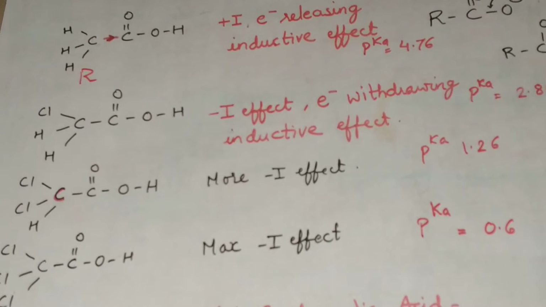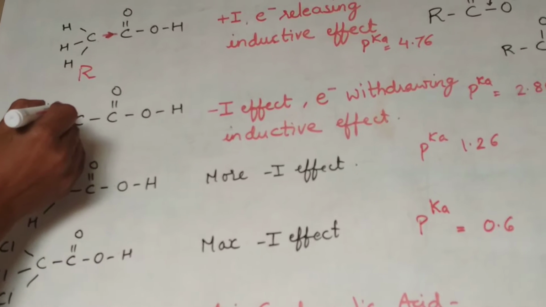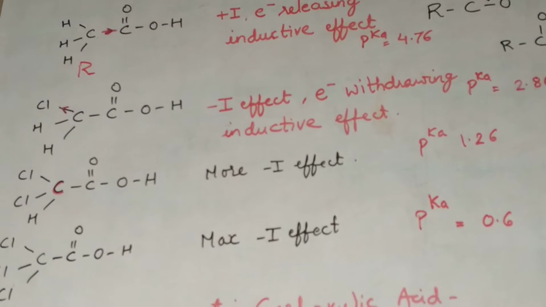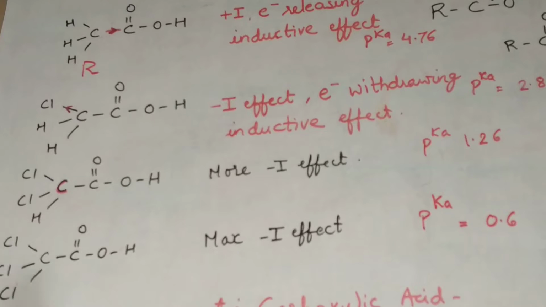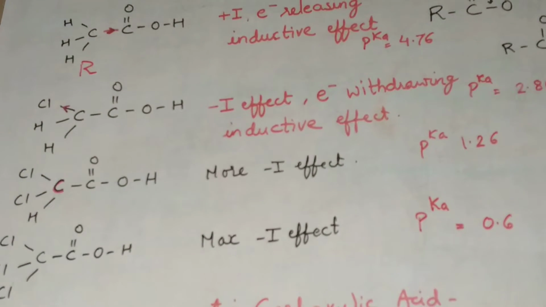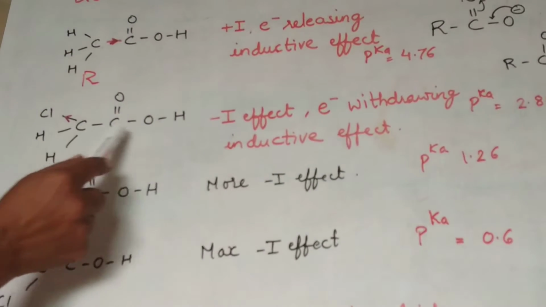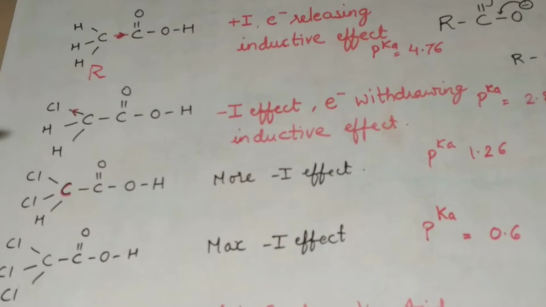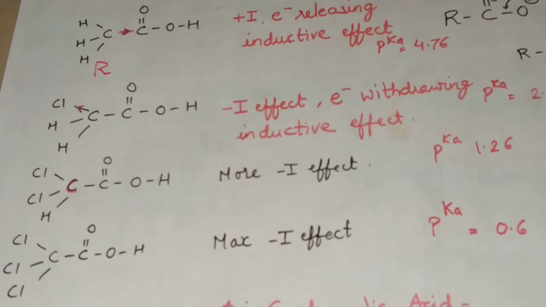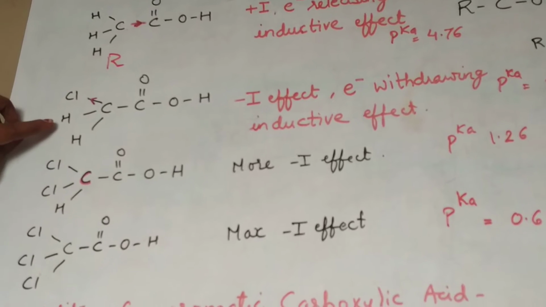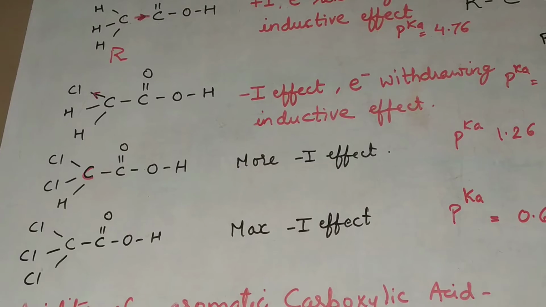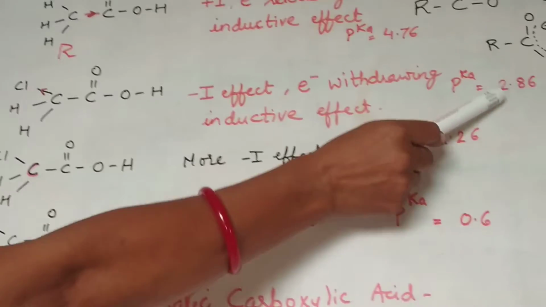Cl that is attached to carbon has got electron withdrawing inductive effect, that you call the minus I effect, and it is making the conjugate base that will be formed by loss of hydrogen more stabilized as compared to acetic acid. Acetic acid's conjugate base will not be as stable, but monochloroacetic acid's base will be more stable, and it will have the pKa value as 2.86.